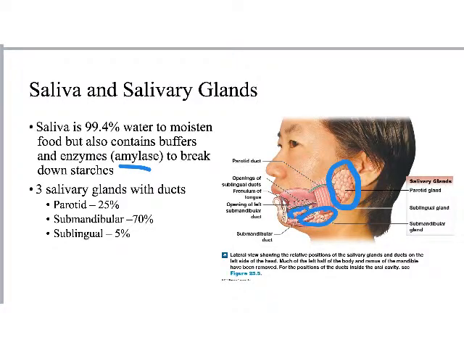Typically, when someone feels their throat and they say, "Oh, my glands are swollen," they're talking about this area. It's not usually their glands that are swollen, though. It's usually a lymph node. But the submandibular gland is very close to some of the lymph nodes there in the neck. The submandibular gland is the primary producer of saliva, producing about 70%.